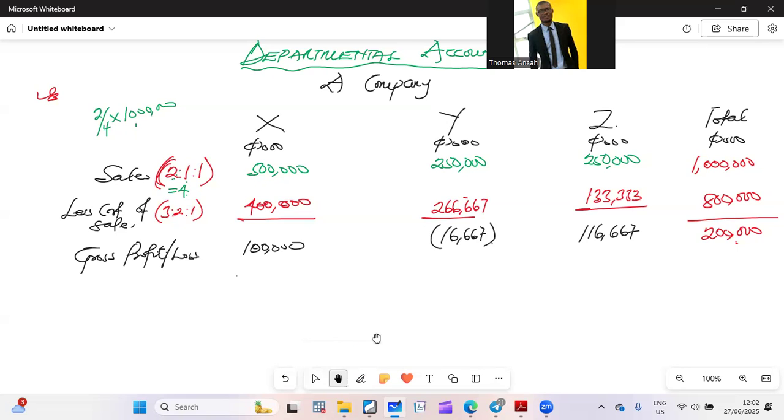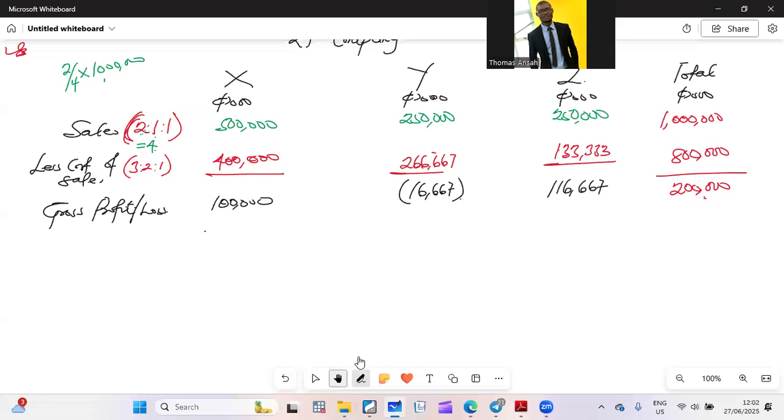The last one I want to add so that we do our decision-making analysis. Let's say the total expense is 100,000, or let me reduce it to say 150,000. All right.